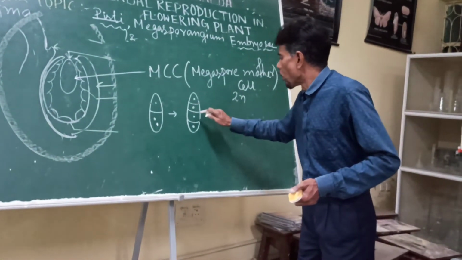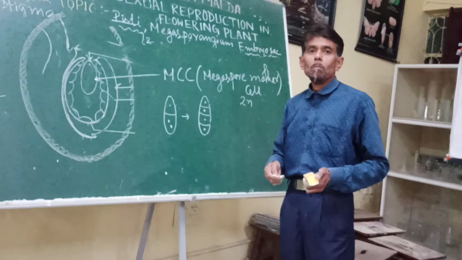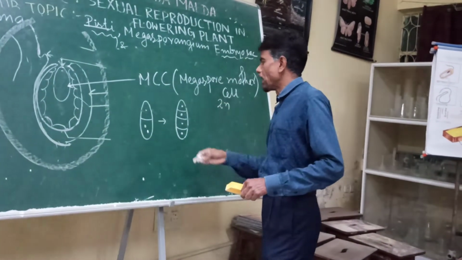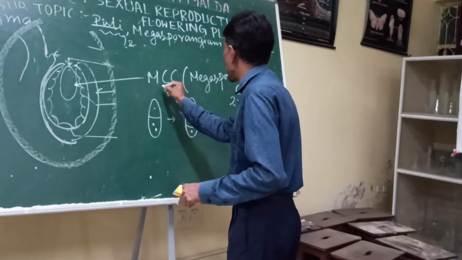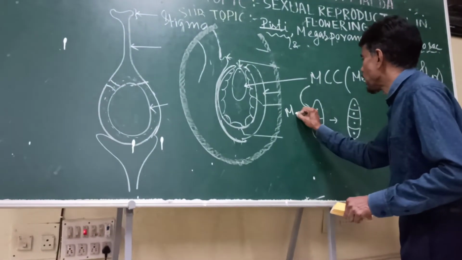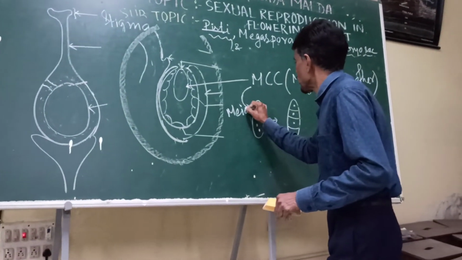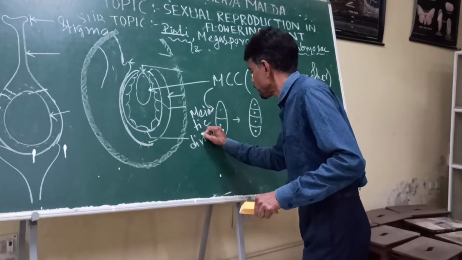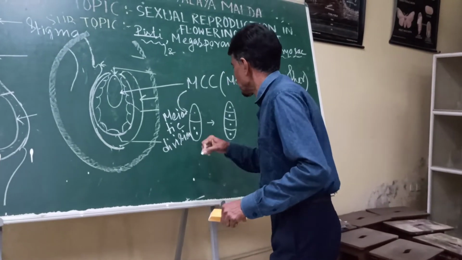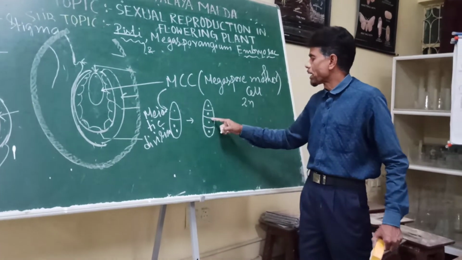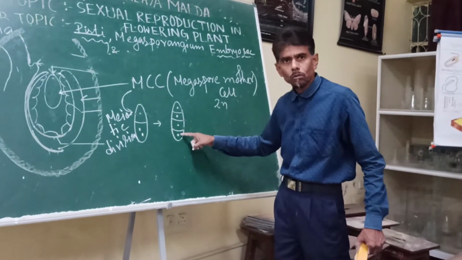These 4 cells are together called megaspores. So from the megaspore mother cell, by means of meiotic division, first and second, ultimately a cluster of 4 cells forms.